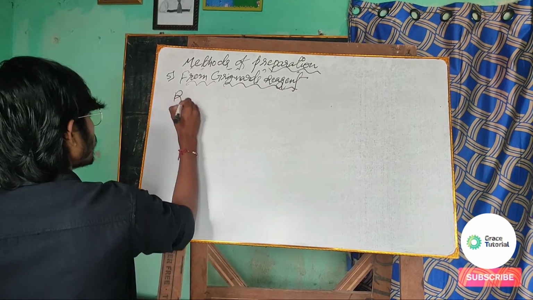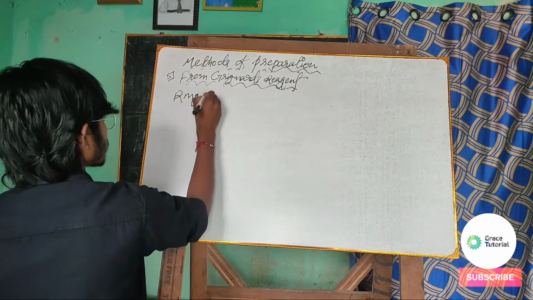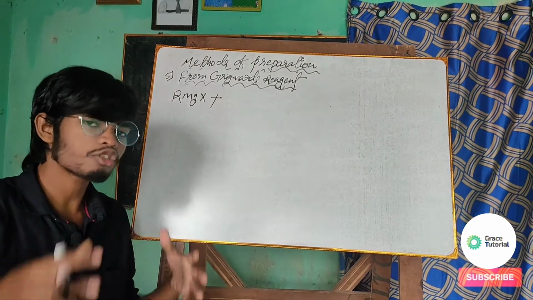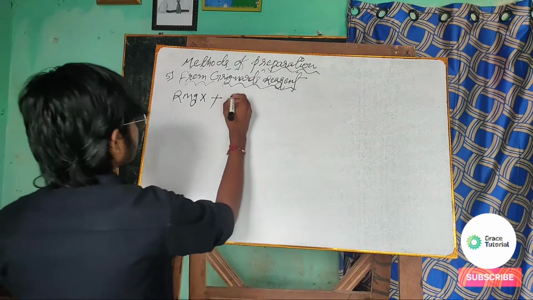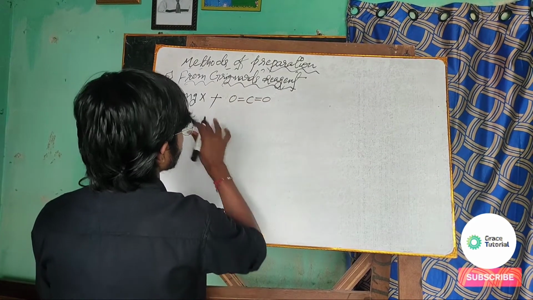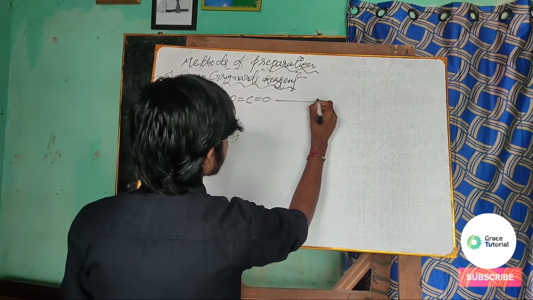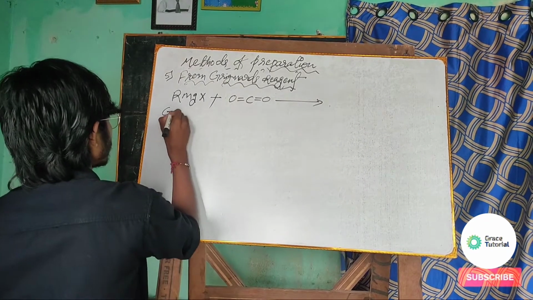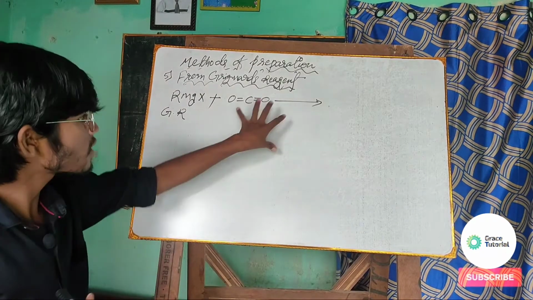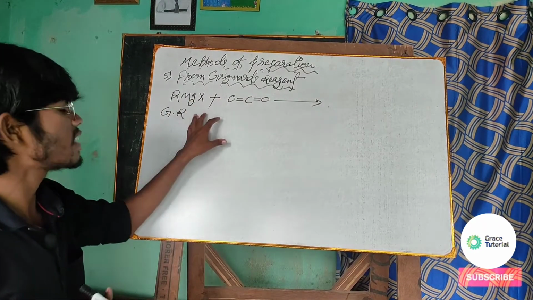So what is the formula for Grignard's reagent? RMgX. When the Grignard's reagent is treated with carbon dioxide, the carbon dioxide is bubbled through the Grignard's reagent.